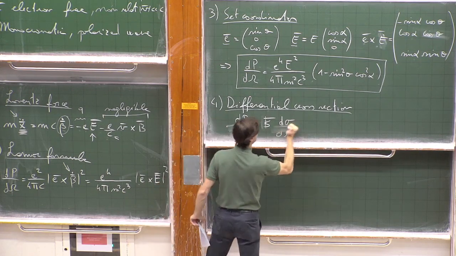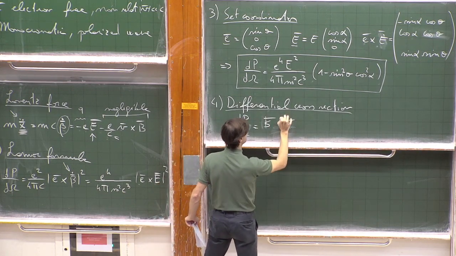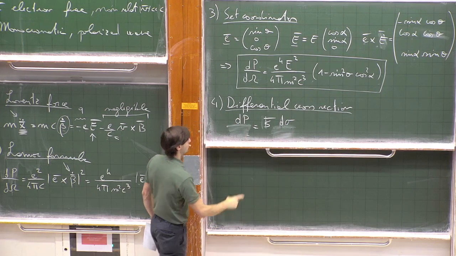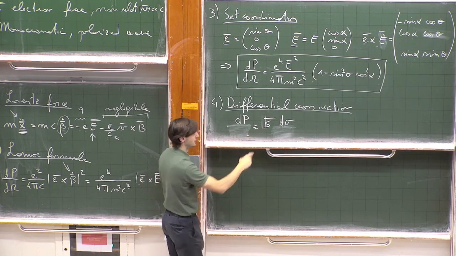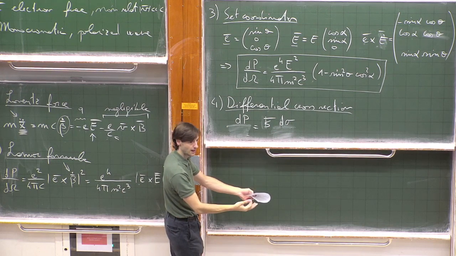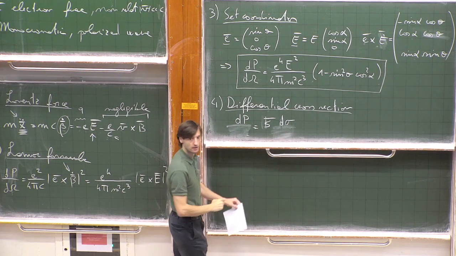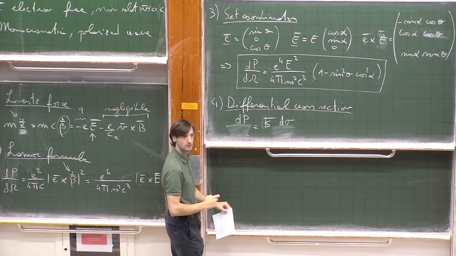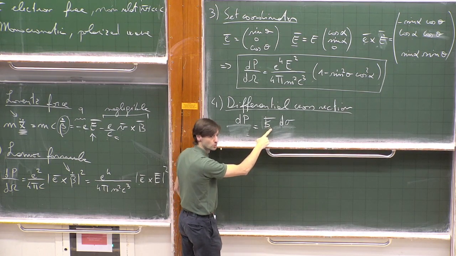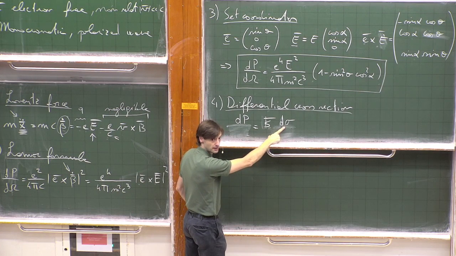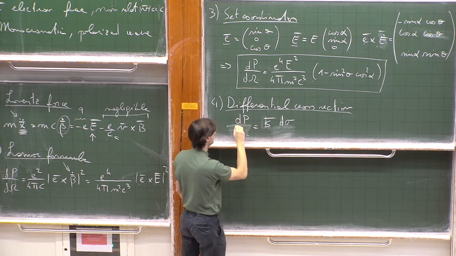Let me first write it like this. Don't cancel because I'm going to write it again. We have a power which is equal to what? The incoming flux per area. Because the flux is an energy per unit of time, per unit of area. You multiply by area and you have your power.